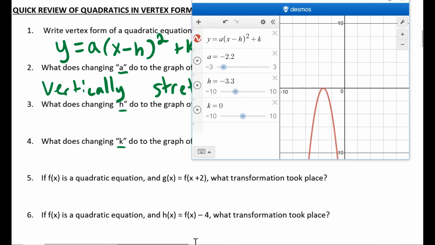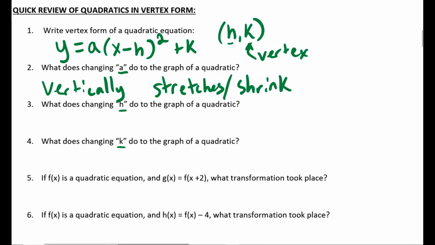Notice though that the formula already has minus h in there, so when you plug in a negative 3.3 for h, that's going to look like a positive value. So when you see positive values in the formula, that means move to the left, and when you're subtracting just regular positive numbers, x minus 6.7, you move to the right. So this would be a horizontal shift, so either left or right.